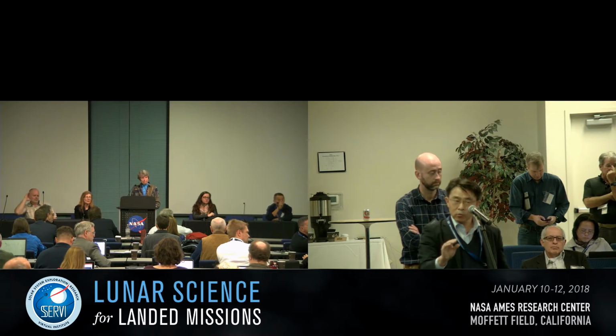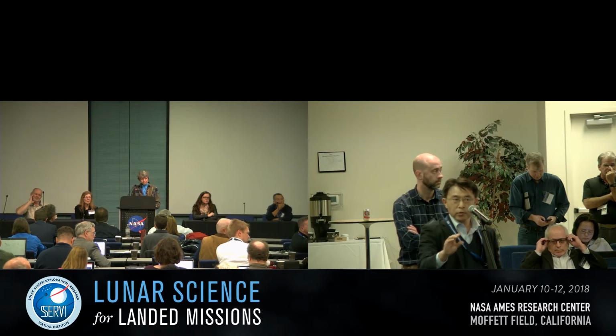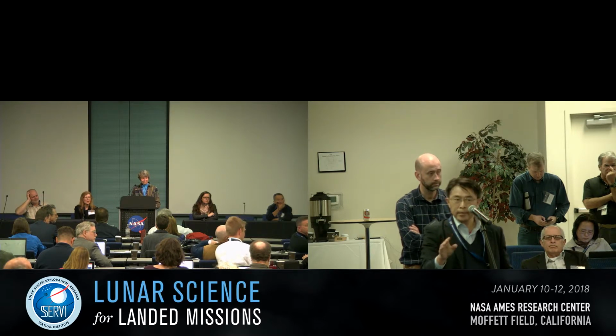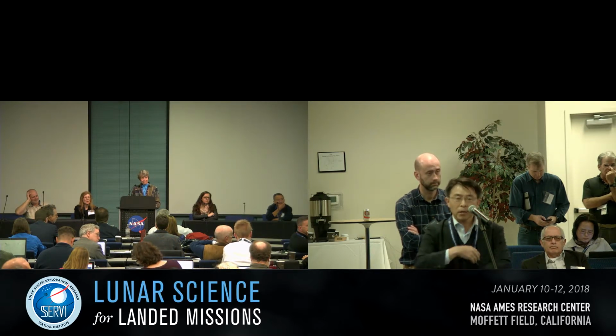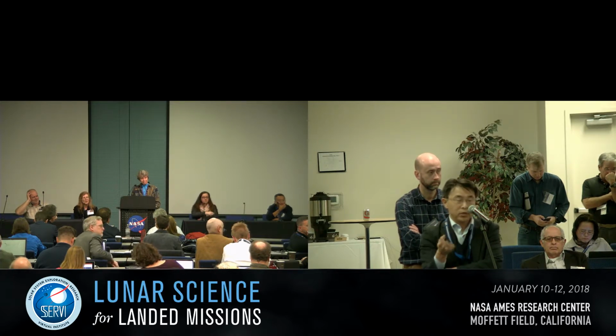So I had thought a very thick ice layer was produced in the permanent shadow area, but there is no such case in Shackleton crater. So I thought there is some other mechanism to destroy or remove the molecule.